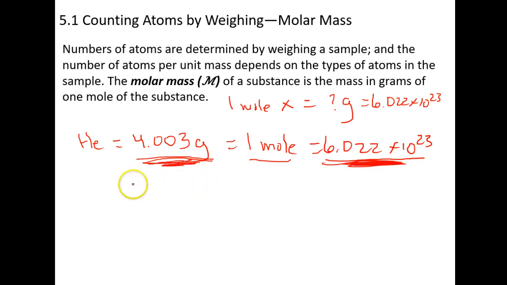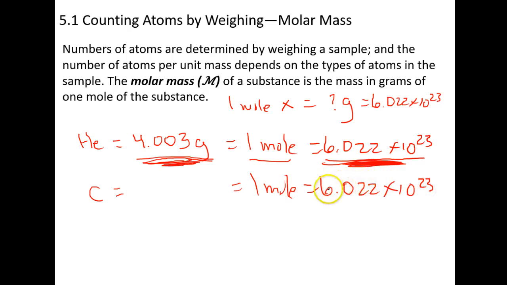Let's say I were to measure out carbon atoms. Let's say I measured out a mole of carbon. First of all, how many carbon atoms is it? 6.022 times 10 to the 23rd. If I were to count out that many carbon atoms, it would weigh 12.011 grams.